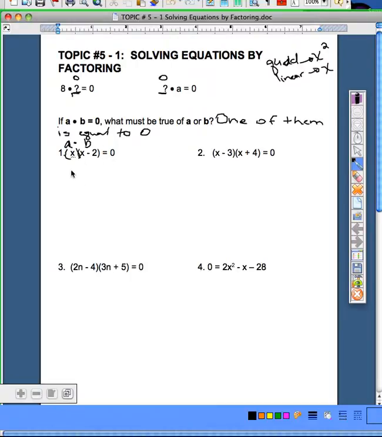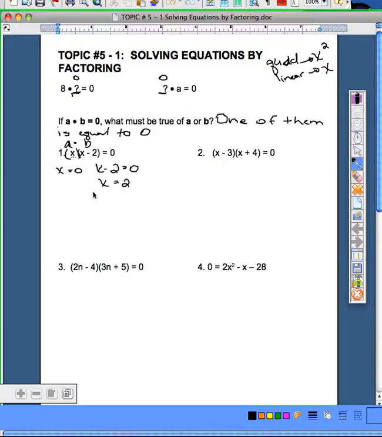So what that means for me is that I take each factor, x equals 0 and x minus 2 equals 0, and solve them to figure out what value of x would make that particular factor equal 0. Well, this one's already there. On this one, when I add 2 across, I get x equals 2.